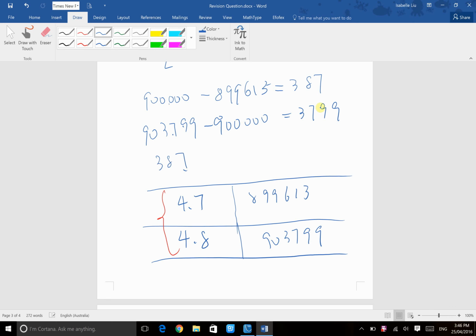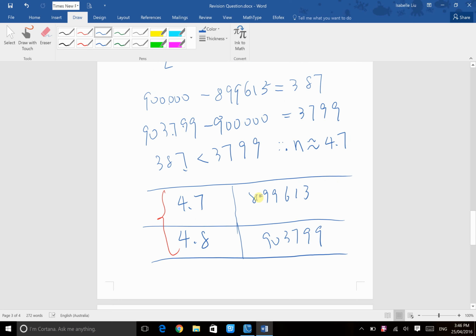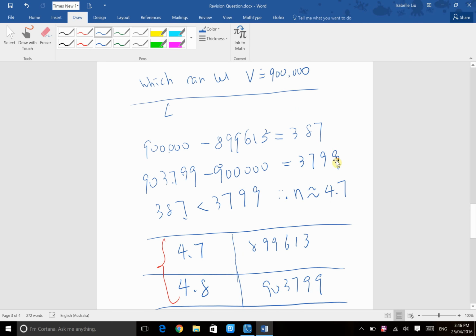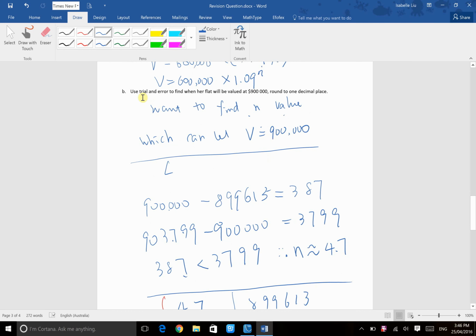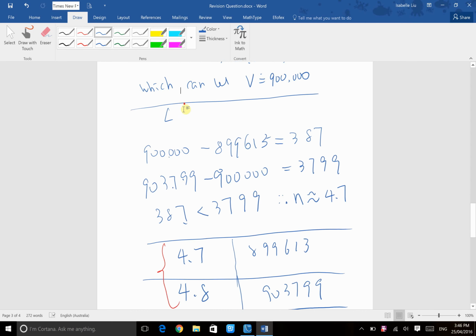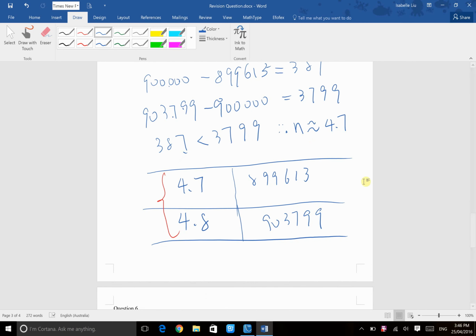So 387 is smaller than 3799. Therefore, n approximately equals 4.7, because 4.7 gives you a value closer to 900,000. So n approximately 4.7 will give you the V value of $900,000. That's how you can use the trial and error method to find the n value that gives you $900,000.